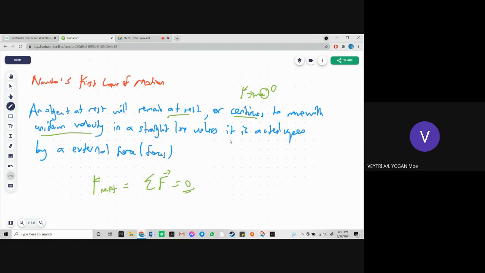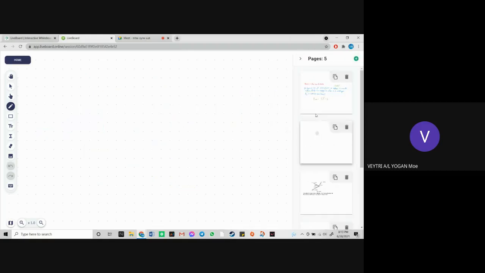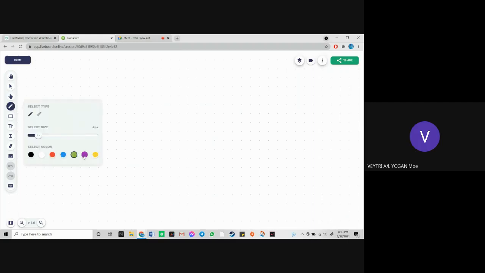Okay. Now, let's have a look at a couple of details that we need to know before we move on to the actual calculation part. Okay, let me open up a new page. The things that you guys need to know. Number one, I'm going to use purple over here. Number one, inertia.